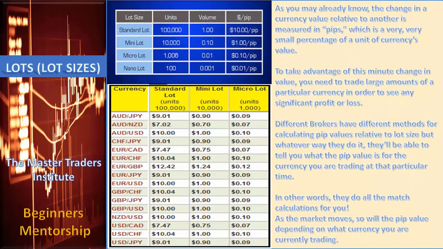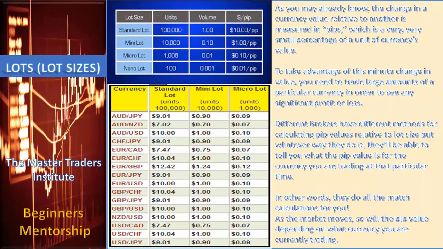Micro lot, which is 0.01. Many brokers don't have nano lots. Since I started trading, I've not seen a broker that has nano lots. So nano accounts are opened on special request. So our major concerns here are the micro lots, the mini lots, and the standard lots.